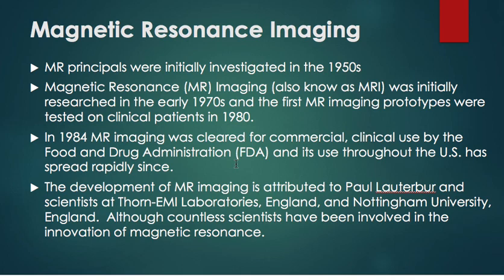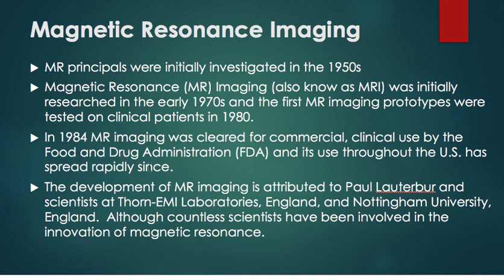I know that I threw out a lot of dates there, but if they ever ask you in what year MRI was first utilized, you would want to say 1984, because 1984 is the year that it was first cleared for clinical use by the FDA. So 1984 is when MR first started being used in the hospitals.